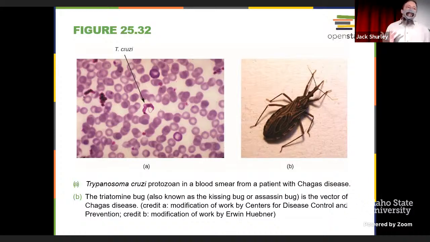If in the process of feeding, the feces makes its way into your eye, you brush it into your eye, or the bug itself defecates and it gets into your eye, the eye swells shut. We call it a sign of Romaña. It looks like you've got pink eye, but it's different. Pink eye typically is a little bit of inflammation and your eyes kind of glued shut.